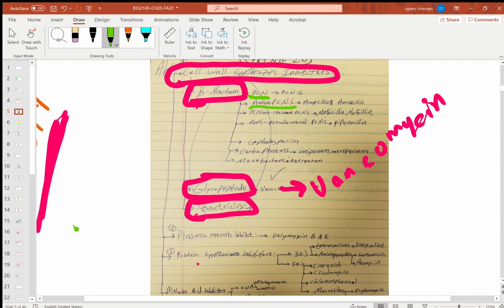We have the penicillinase-resistant penicillins, methicillin and nafcillin. We're going to talk about these. Anti-pseudomonal penicillins, cephalosporins, carbapenems, and monobactams.